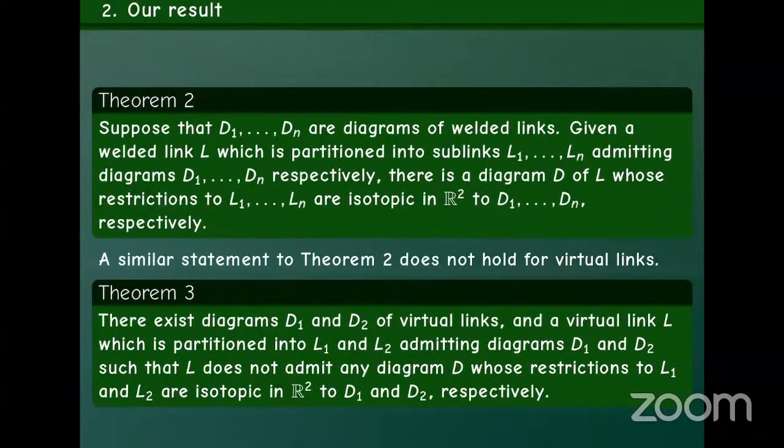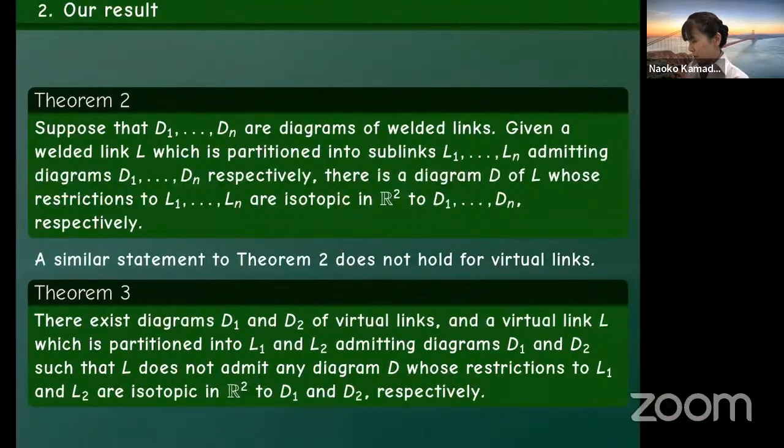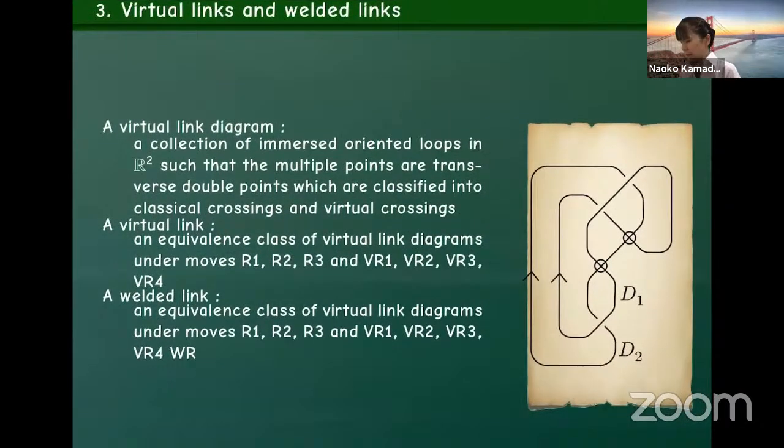Before showing the proof, we recall virtual links and welded links. Virtual links, we already know since Kauffman talked about it. A virtual link diagram is a collection of immersed oriented loops in R2 such that the critical points are transverse double points, which are classified into classical crossings and virtual crossings.